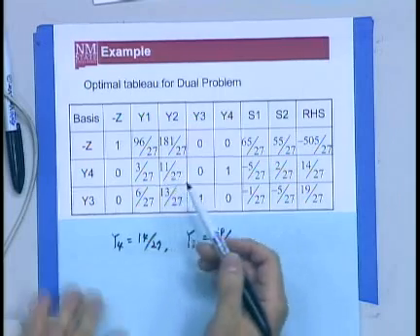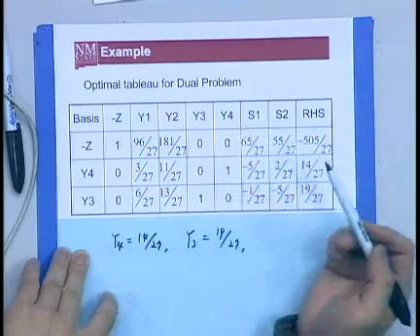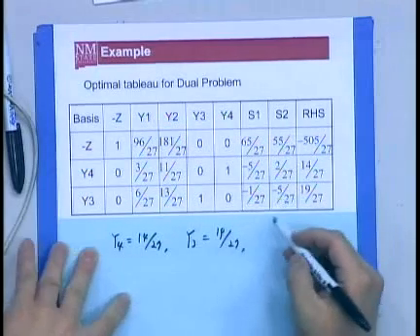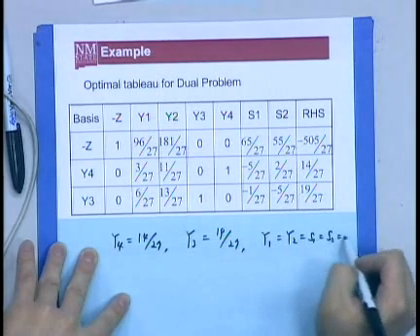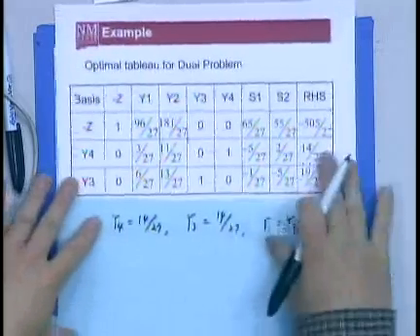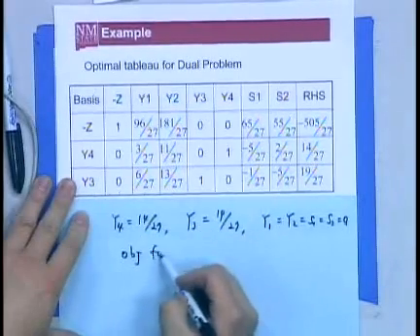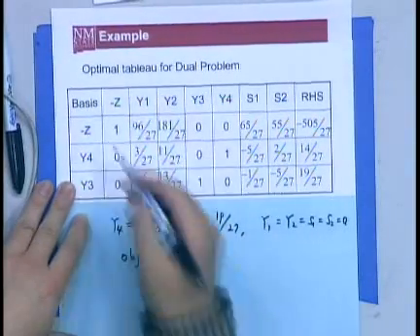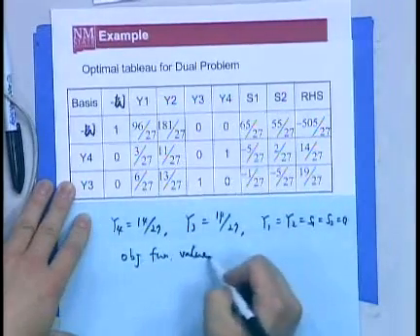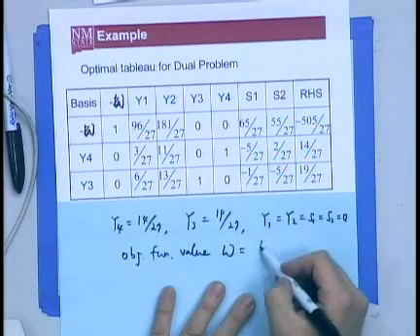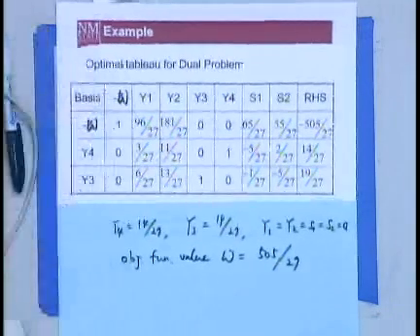And all other variables, y1, y2, and s1, s2, must be equal to 0, right? The corresponding objective function value, which I think should be W instead of Z, is 505 over 27, right? From this optimal table.